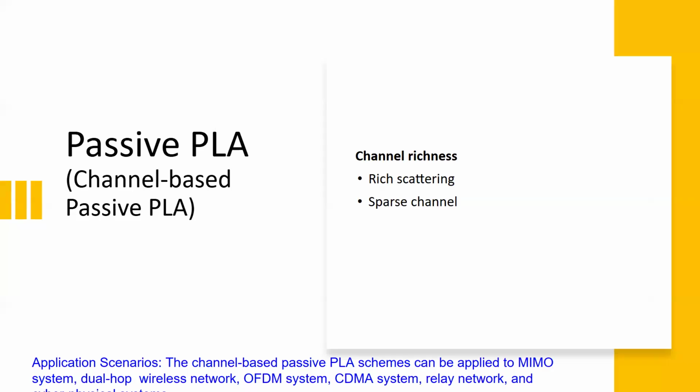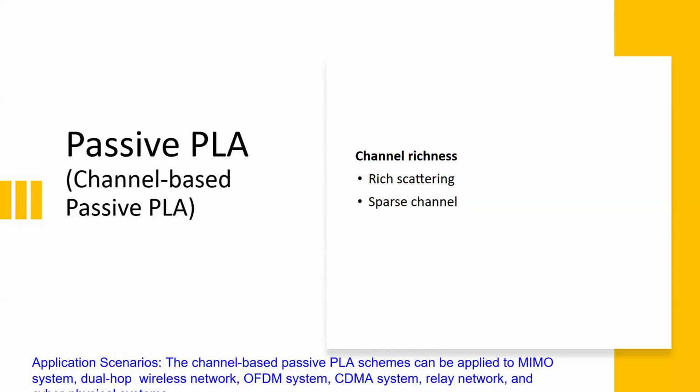We also have rich scattering channels and sparse channels. A rich scattering environment means you have so many reflections because you have so many objects around the signal that you are transmitting.